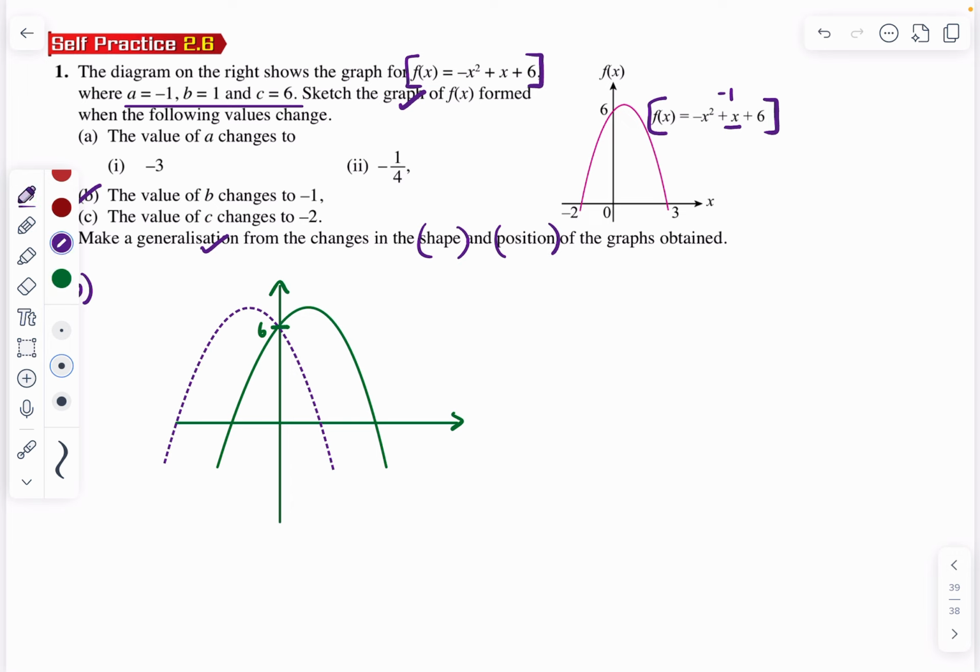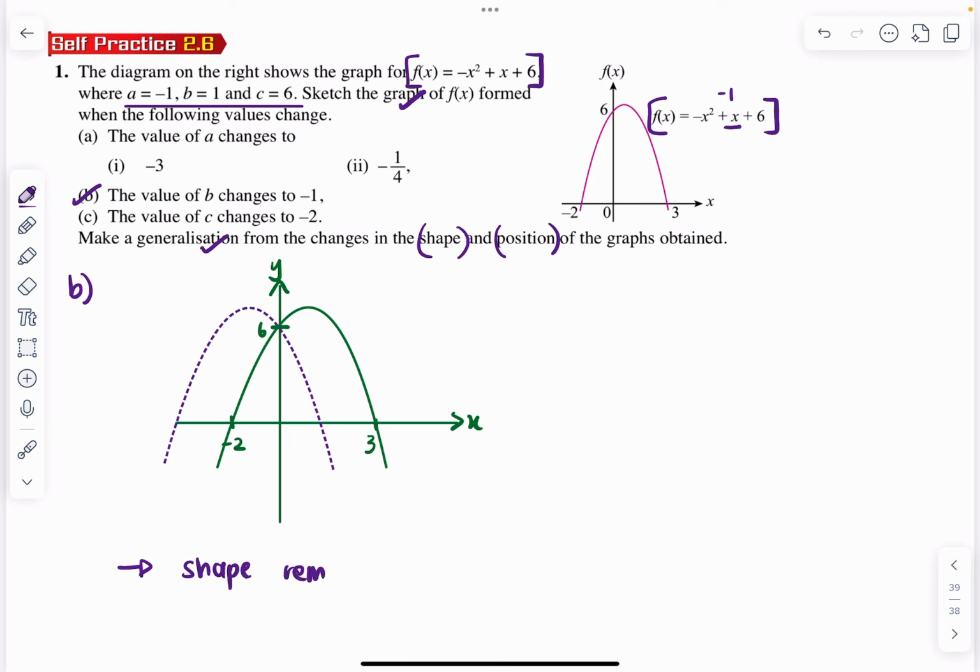Okay, so we can make a generalization. This one is -2, this one is 3. Our generalization will be: the shape of the graph remains the same. The y-intercept remains the same.